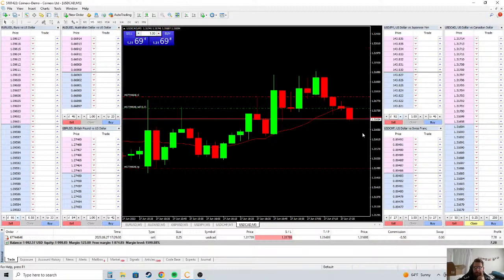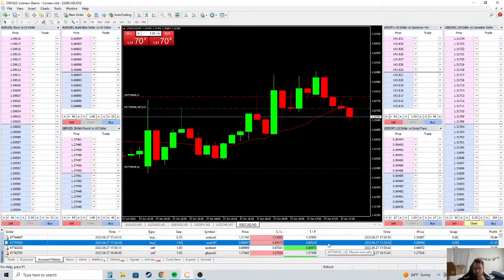All right, so we've hit our stop on the one, so now we're looking for it to just keep blasting down. All right, so we lost $10 on that one.